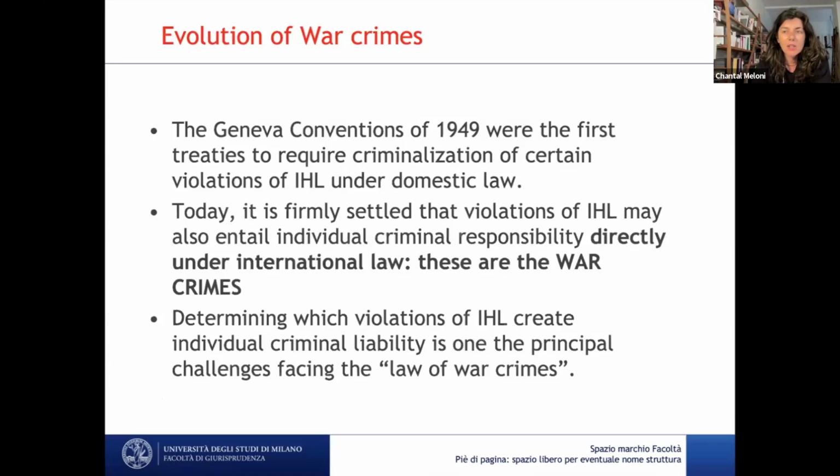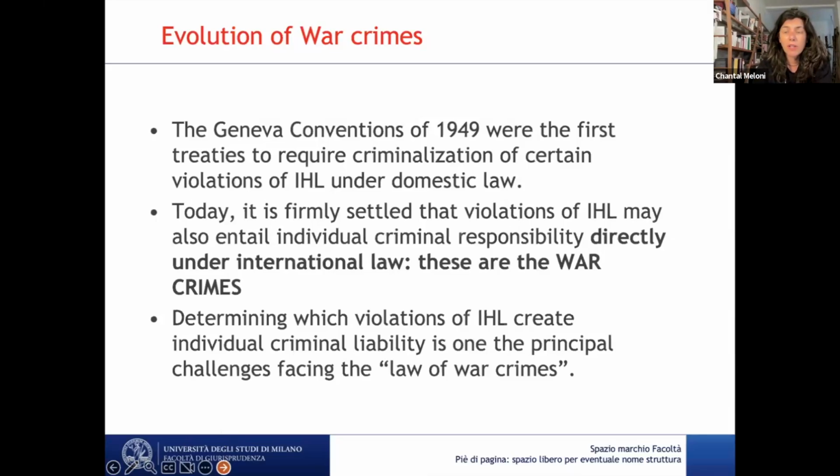They are subject to a process which brings new war crimes. And one of the things, for instance, that happened is that certain war crimes that were only relevant if committed in the context of international armed conflicts, now they are also recognized as relevant in non-international armed conflict, meaning internal conflicts, as we were hearing before.